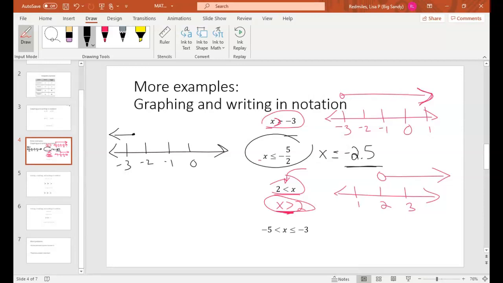So fractions, go ahead and convert them to decimals for the purpose of graphing so that you know about where they are. And also, again, we have that negative situation. Say I was doing X is less than or equal to 2.5, I mean positive 2.5, sorry.